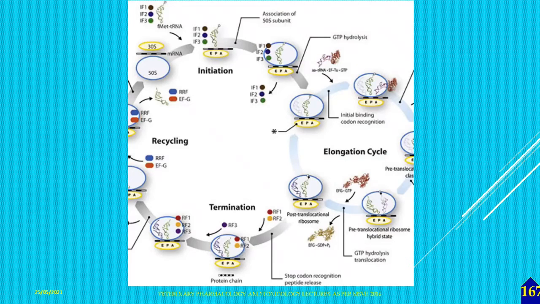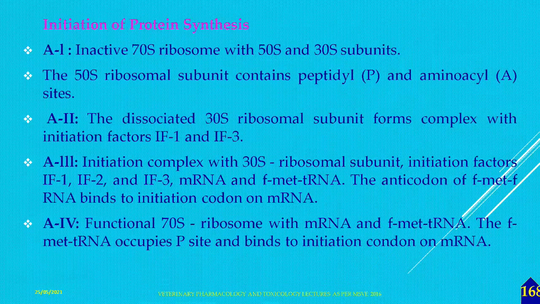In the initiation of protein synthesis, A1, the inactive 70S ribosomes are made of 50S and 30S subunits. The 50S ribosomal subunit contains the peptidyl site and the amino acid site.